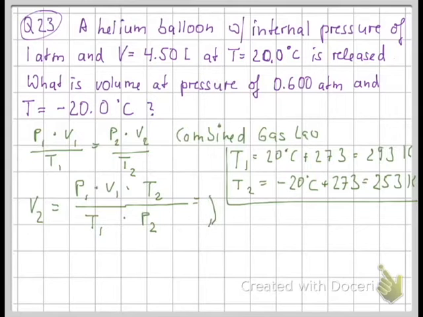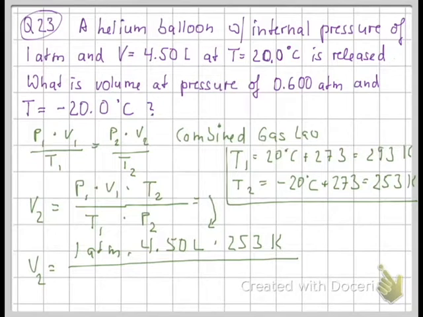continuing on below this. So V2, plug all this in. Pressure was 1 atmosphere times 4.5 liters. And there's actually 3 significant figures here. Times T2, it's 253 kelvins.